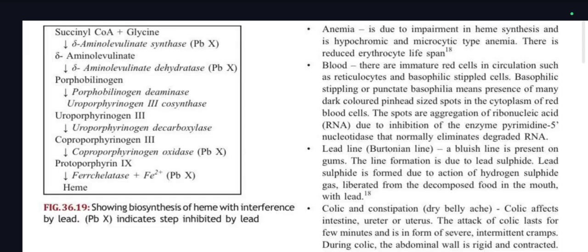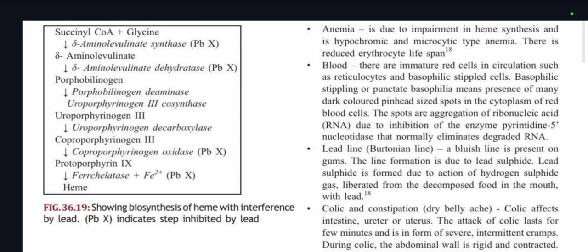But we read earlier that these first two enzymes are inhibited by lead, so obviously the rest of the process will not take place. Four enzymes are involved in heme synthesis. Imagine if all four enzymes were inhibited by lead, how would heme form?